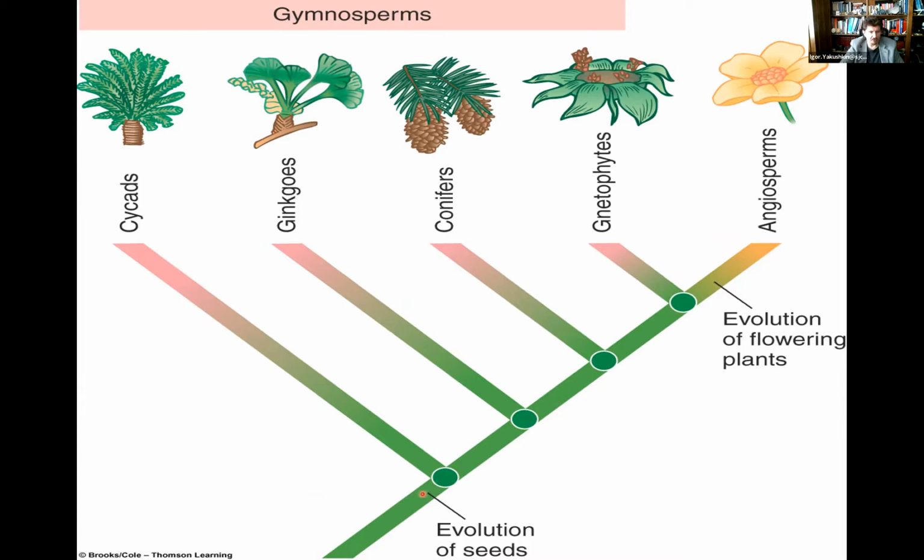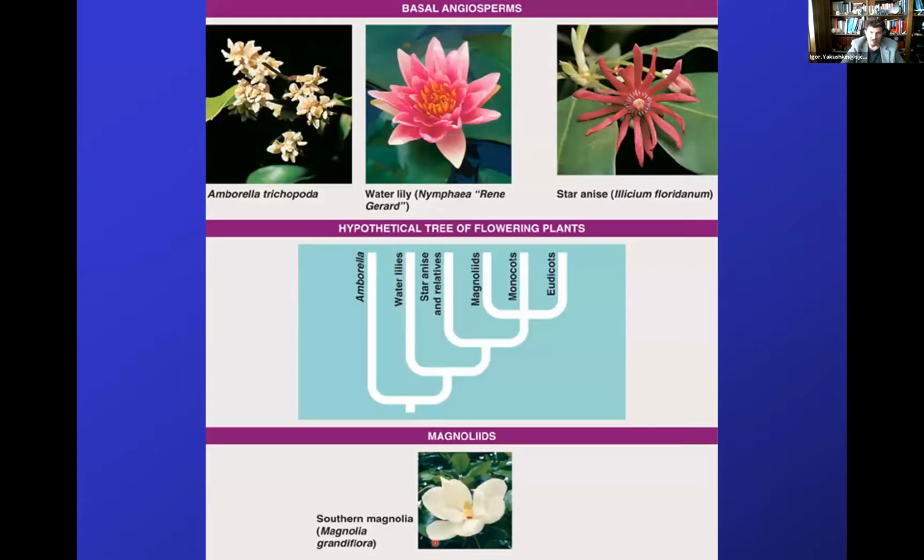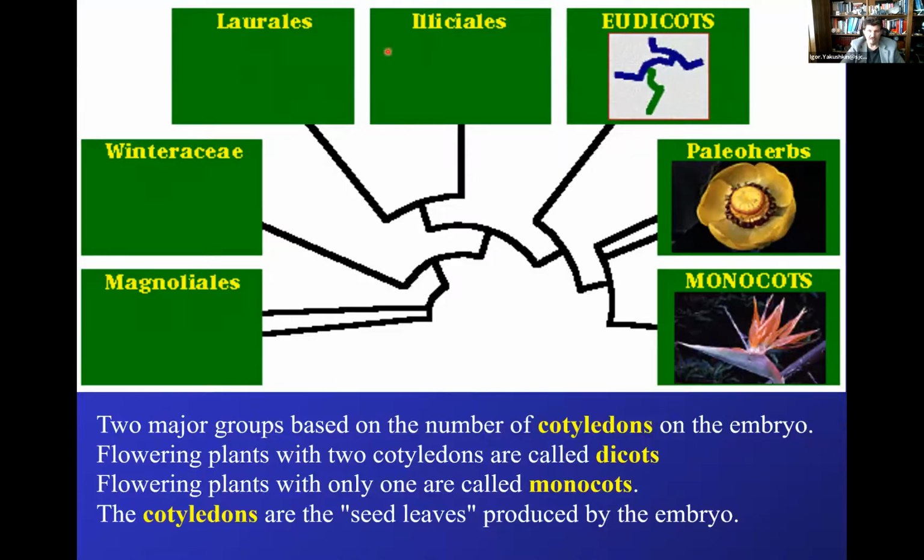So we have evolution of seeds, and then ginkgos with a single species nowadays, coniferous pine trees and such, and then the gnetophytes, specifically Welwitschia, Gnetum, and Ephedra, and then finally the angiosperms.